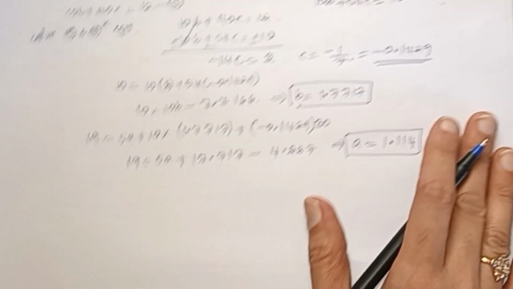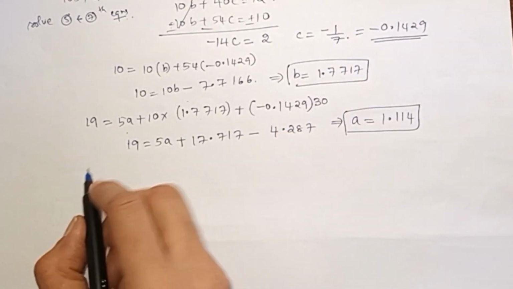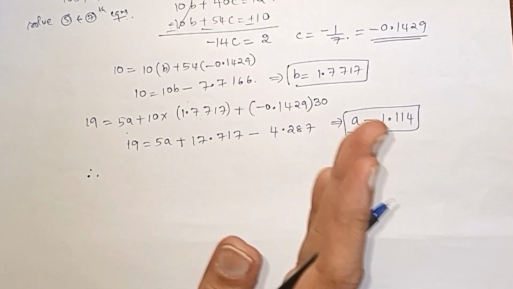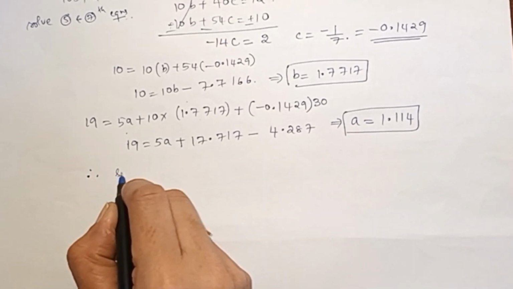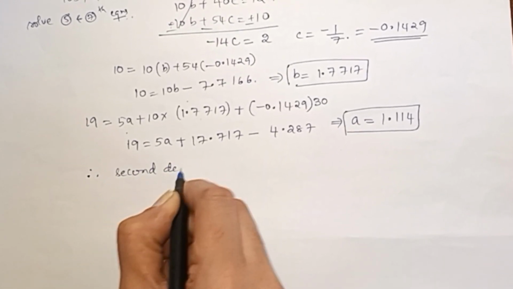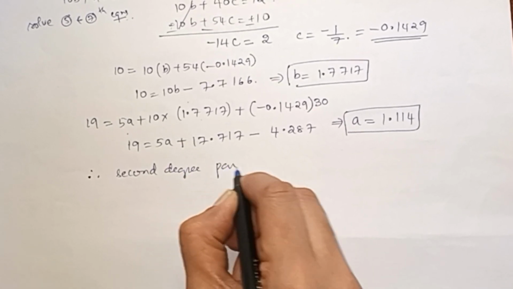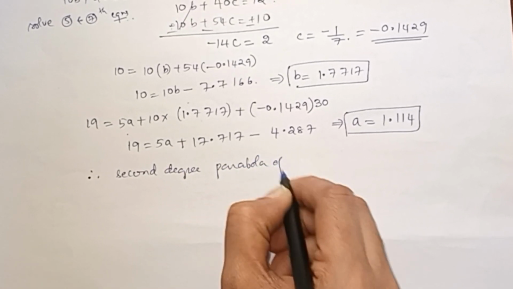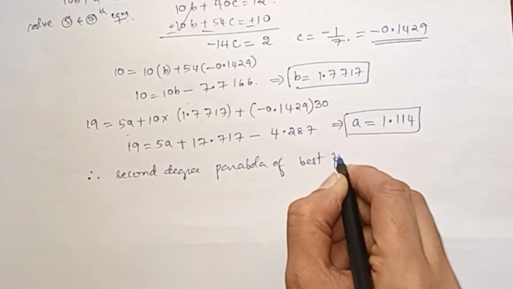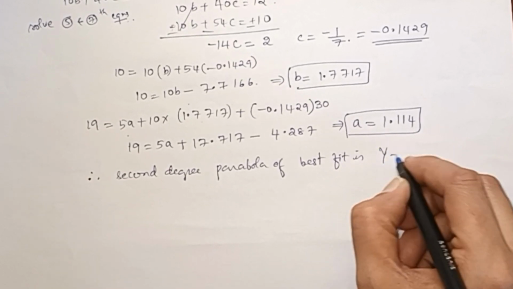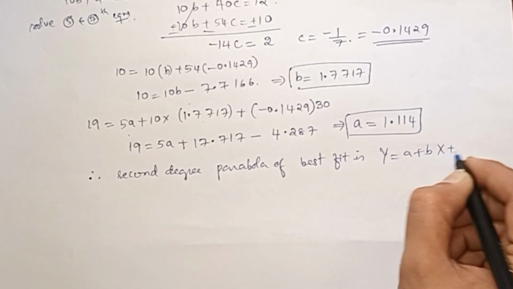After getting the values of a, b and c, the second degree parabola of best fit is y equal to a plus bx plus cx square.